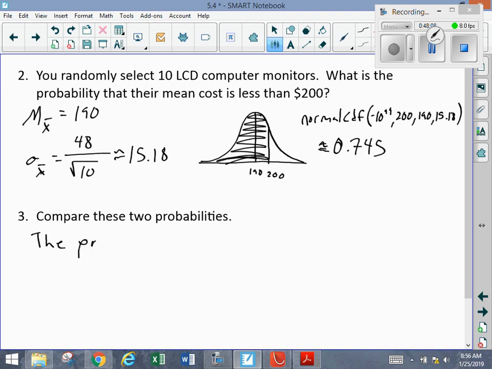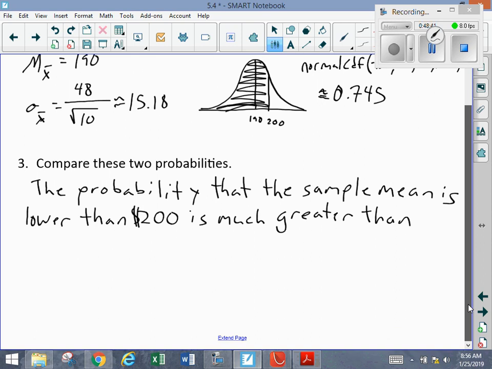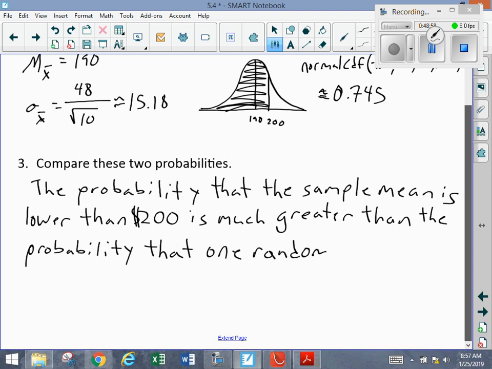So we would say that the probability that the sample mean is lower than 200 is much greater than the probability that one randomly selected monitor is.